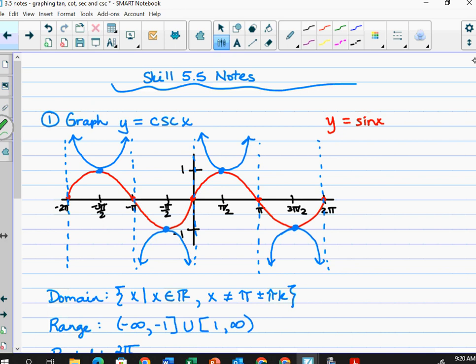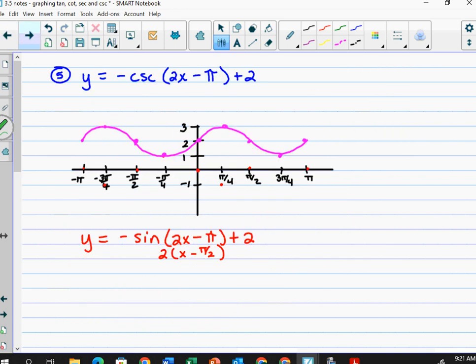If the whole graph shifts up or down, it's still those midline points that determine where the asymptotes are. So the one we just graphed, to turn this into cosecant, from the top, they share a point and go up. From the bottom, they share a point and go down. And then those midline points are where the asymptotes are.